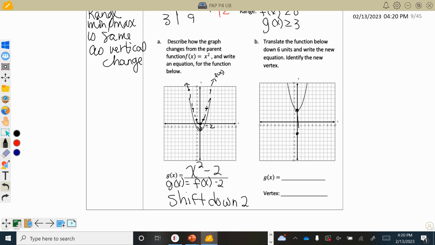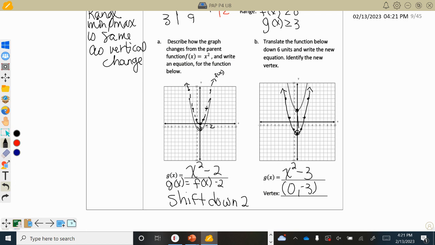So here we go. This is really all I'm worried about, but I'm going to go ahead and put my other points in here. 1, 2, 3. And then 1, 2, 3, 4, 5. Here are my other points. So my new vertex is down here at 0, -3, which means my new equation is x squared minus 3.